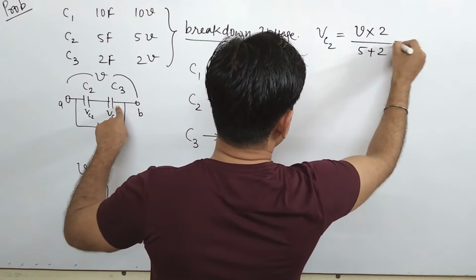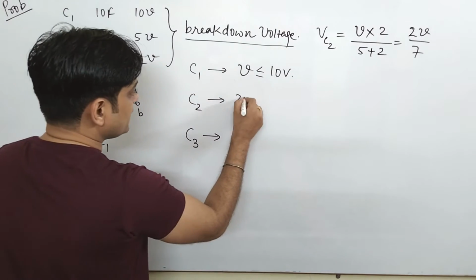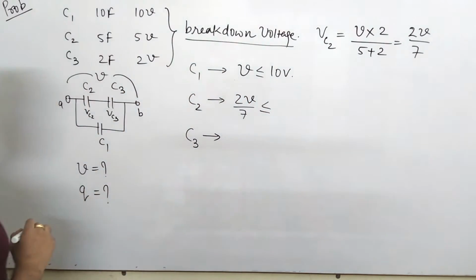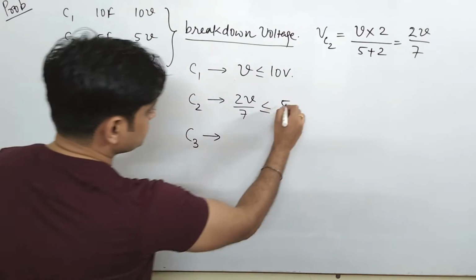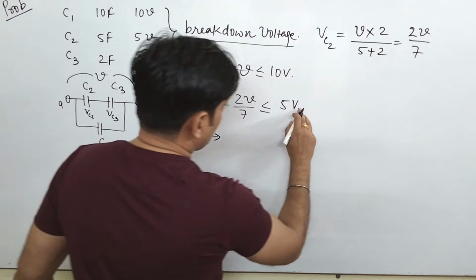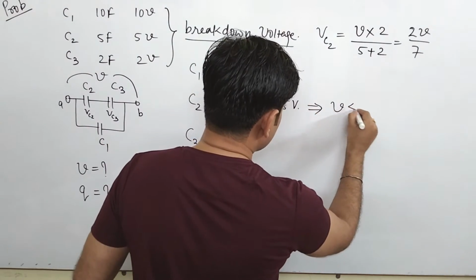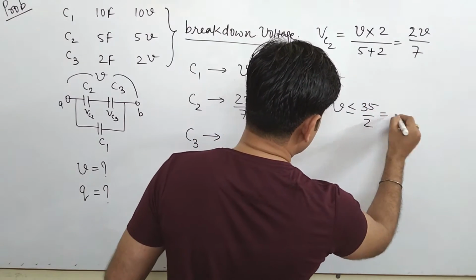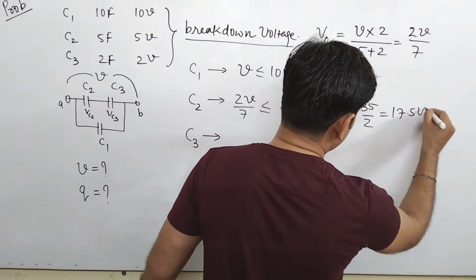So that comes to be 2V upon 7. So 2V upon 7 must be less or equal to, for C2, 5 volt. If you solve this, V must be less or equal to 35 by 2, or how much? 17.5 volt.